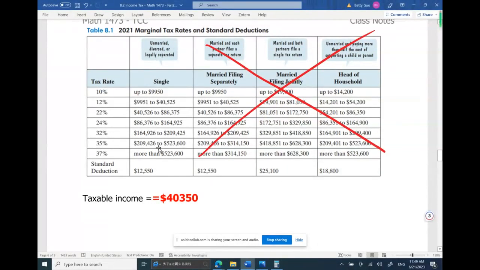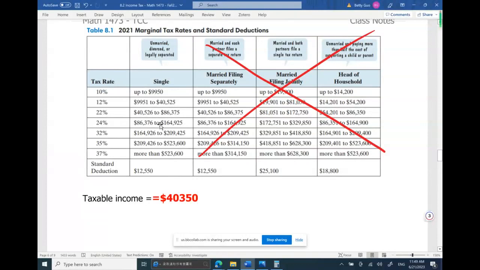$40,350. How do we know which bracket this person is going to be in? Those are brackets: 0 to 9,950, that's the first bracket. The second bracket is 9,951 to 40,525. And the third bracket is 40,526 and up.